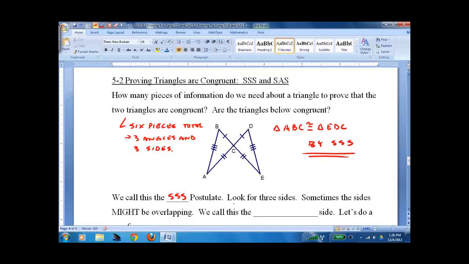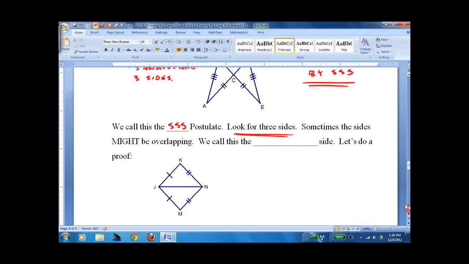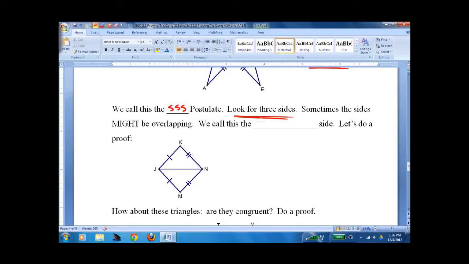So to do this, you look for 3 sides. You have to have them all. Sometimes the sides might be overlapping, and in this case we say that's reflexive, meaning it's the same as itself, which really makes no sense whatsoever, but I don't know, maybe you get used to it after a little while in geometry.